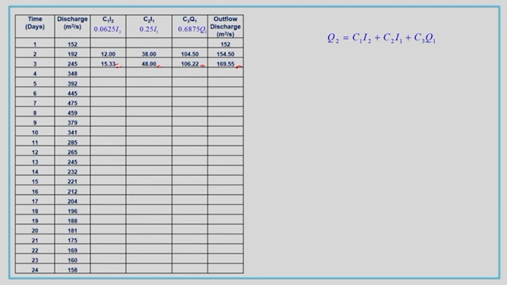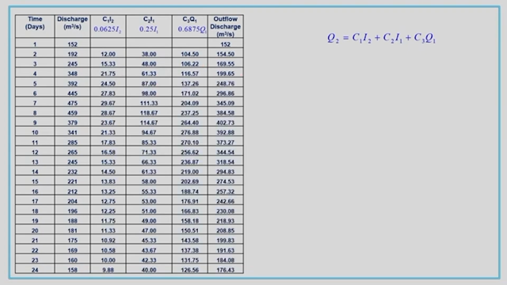So till that time we will continue the computation related to outflow values. Those values have been computed like this, and for all the time intervals it is completed here. So the computation related to outflow discharge values is over.